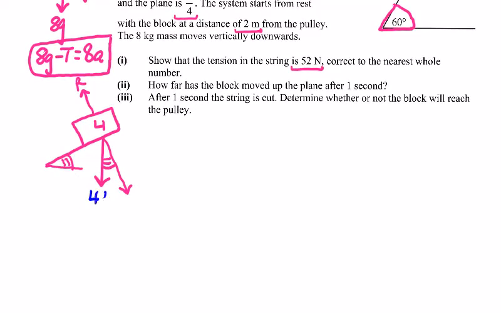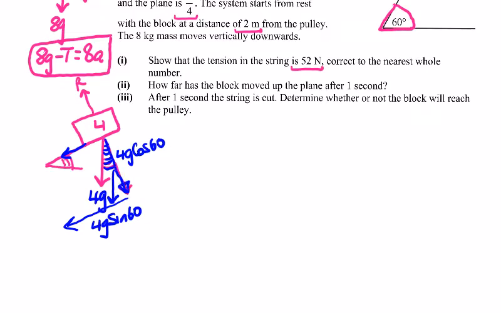So we have 4g coming down, parallel to the slope and perpendicular to the slope. Opposite the 60, I have 4g sin 60, and adjacent to the 60, I have 4g cos 60, and I have R is going to be equal to this opposing force here.